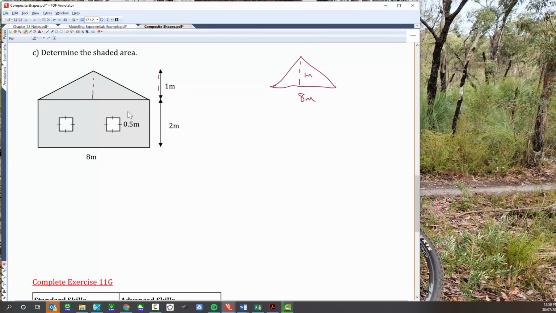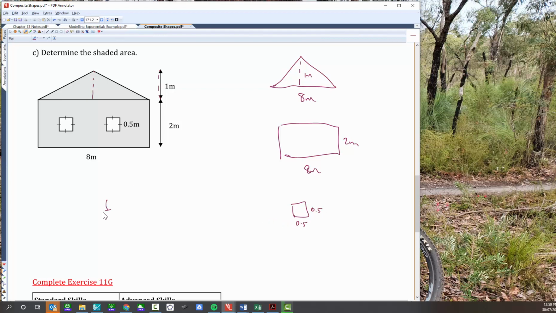Right, now this part here, we've got a rectangle, and I know we've got things removed from it. Okay, but let's just work out the area of the rectangle, which is 8 meters by 2 meters. Okay, and what we'll do is we'll note that we've got area of square, which is 0.5 by 0.5.